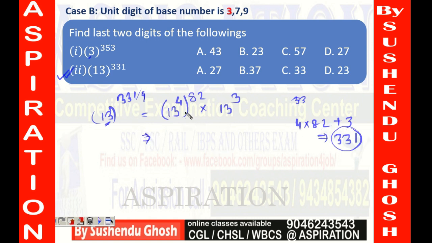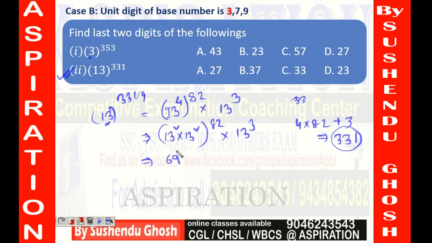Now 13 to the power 4 we can't determine directly. So we have to break it as 13 square into 13 square, to the power 82 into 13 cube. Now 13 square means you will get 69.